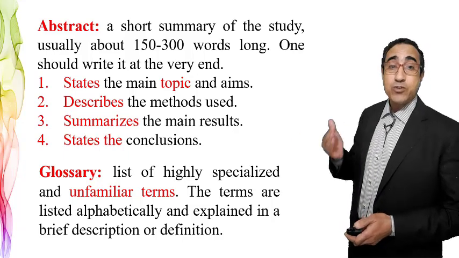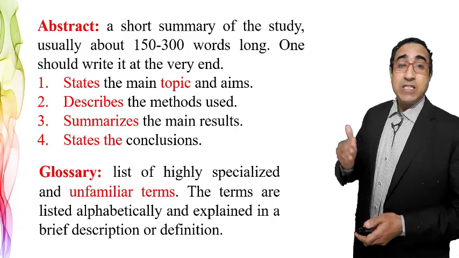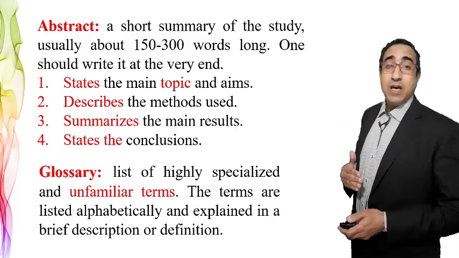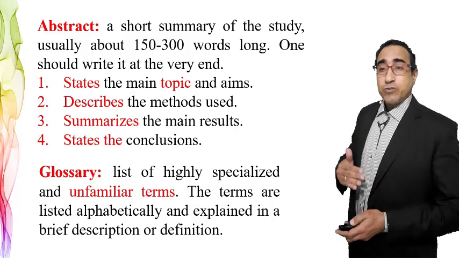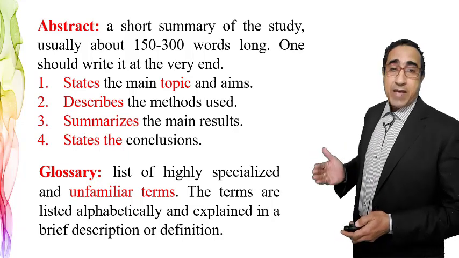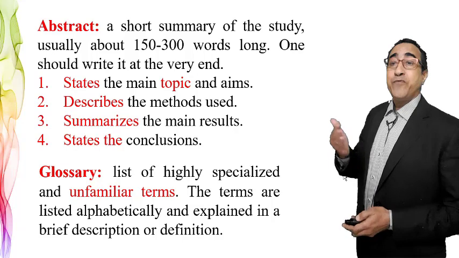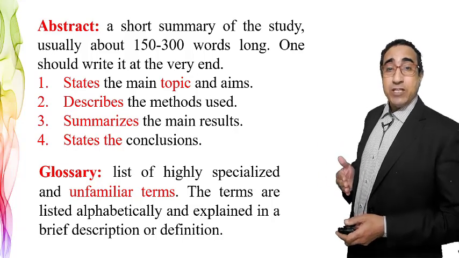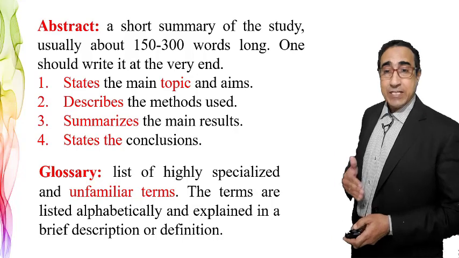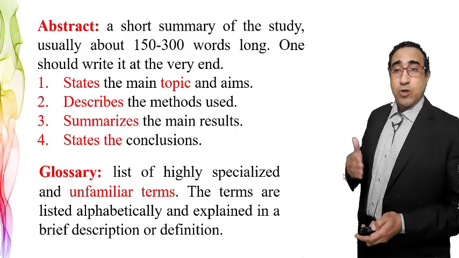So everything should be done within the limits of the stated number of words. The glossary, as we said, it depends whether there are unfamiliar words, and unfamiliar terms in the research can be explained in the glossary.